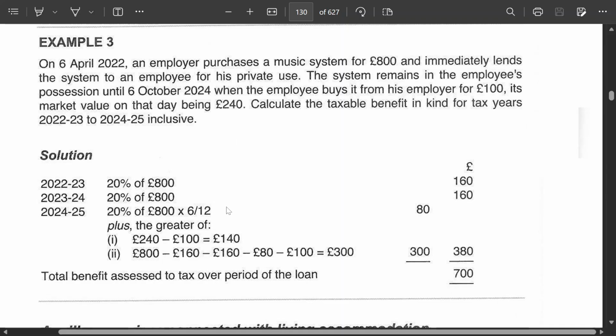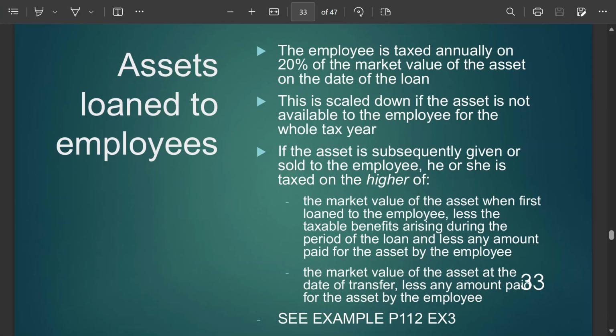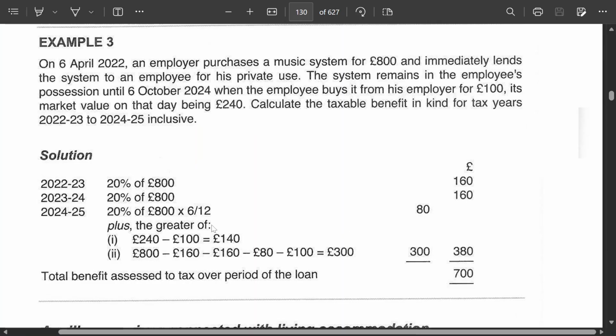The carrying book value type of concept will be 800 minus the 160 minus the 160 minus the 80, so whatever was charged. Here we are using the second method in the textbook and the first method mentioned here. It may seem like a lot of text, but just think of it as a book value kind of concept, and then you know how we would derive that.